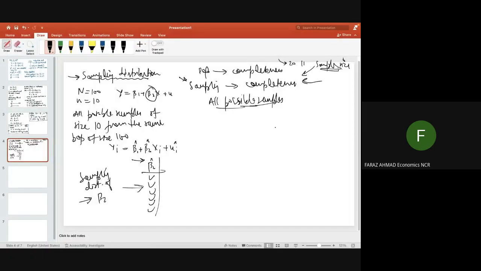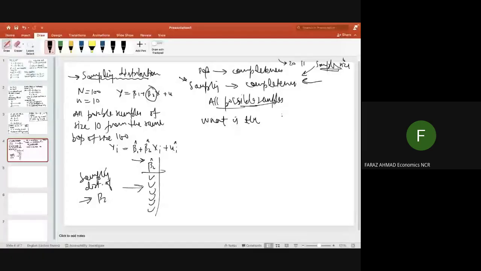Now, what distribution does it follow? The question is, what is the shape of this sampling distribution?